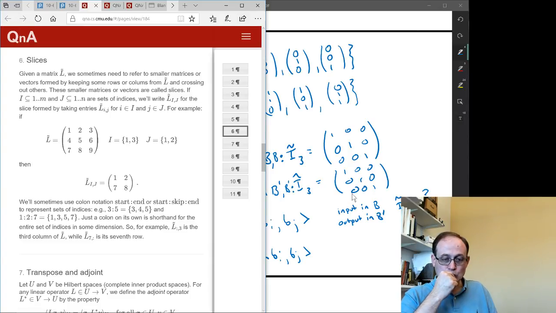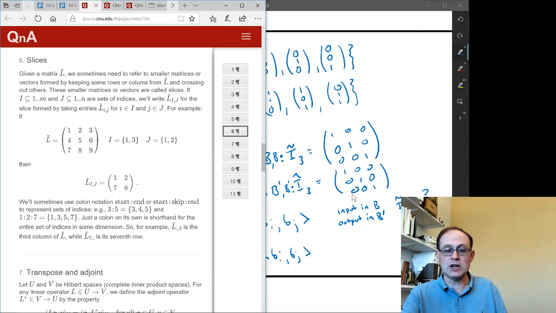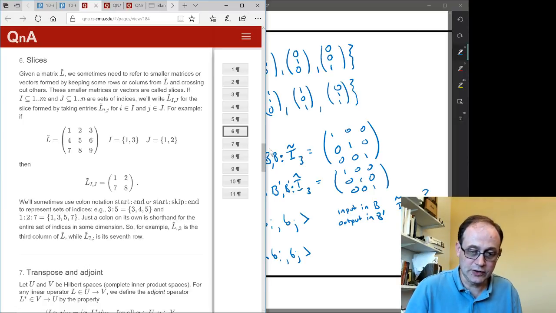So slicing is a useful operation that we can do only with the coordinate representation. What slicing means is to cross out some rows and columns of a matrix or of a vector and keep the remaining ones. So here's an example, right?